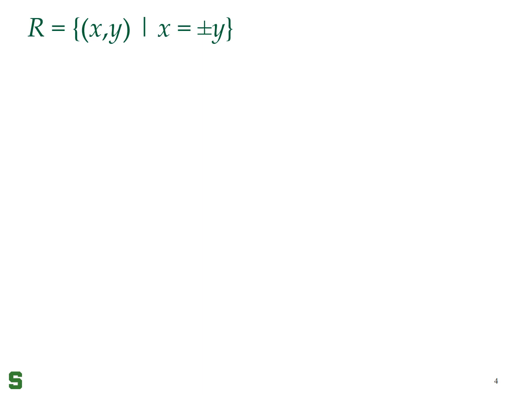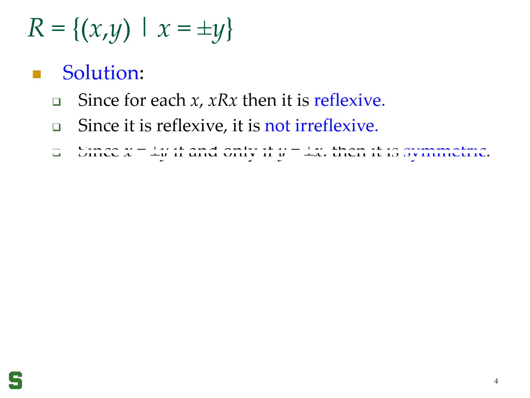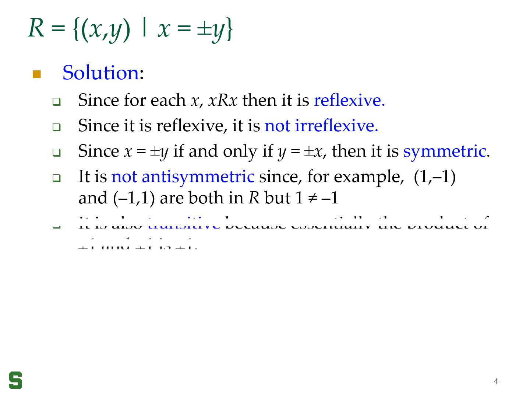For the next few slides, I am not going to go through each property separately, but I want you to verify that each of these properties is in fact the way it is.